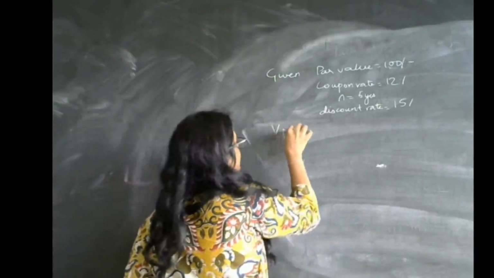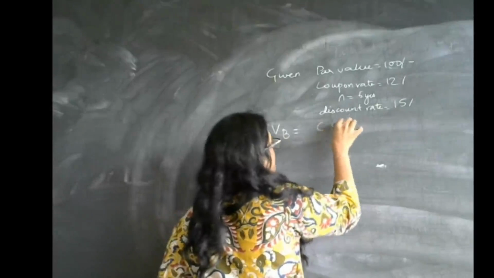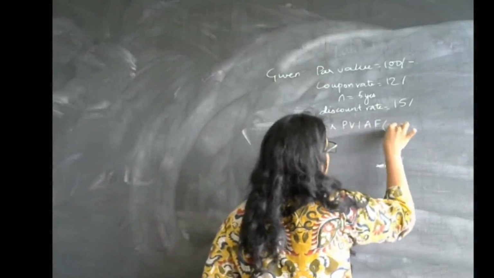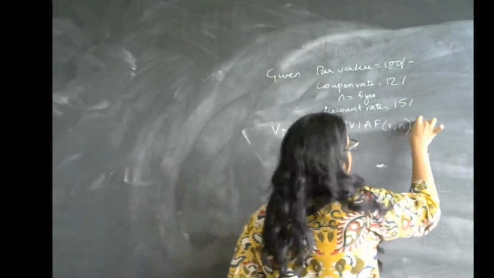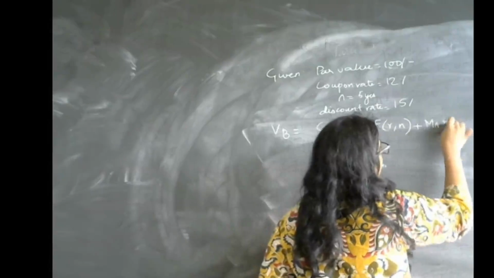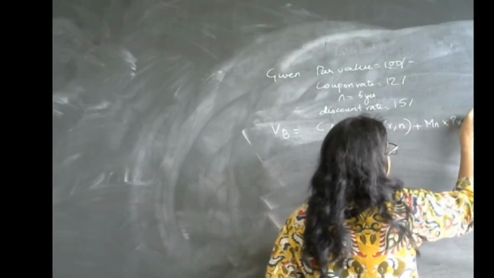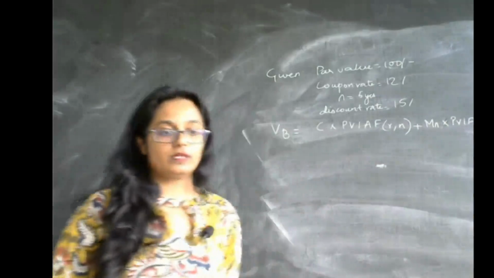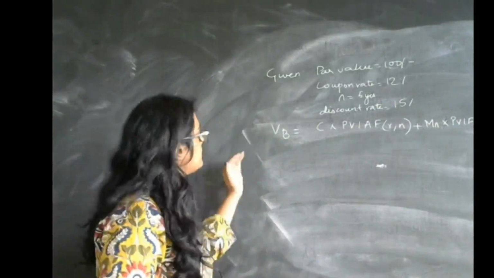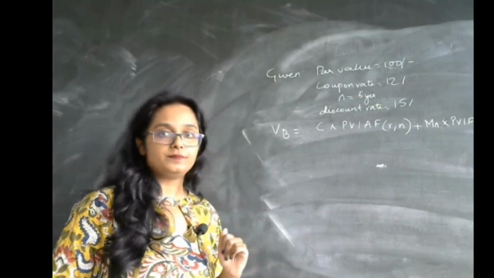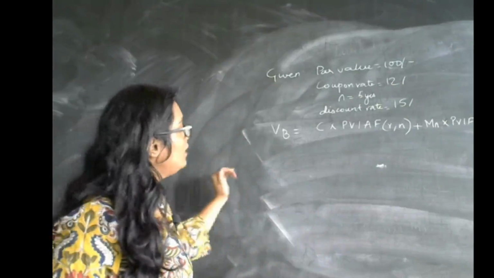Value of bond is equal to coupon into present value interest annuity factor at the rate of R for n years plus maturity value multiplied by present value interest factor at the rate of R for n years. Okay, so this is your formula basically, isn't it? This is your formula.